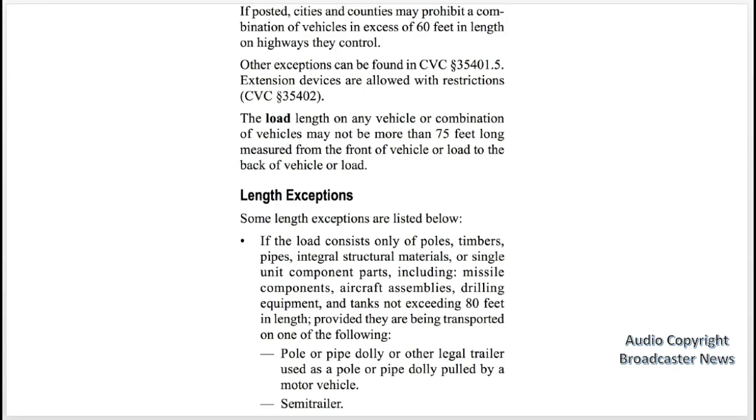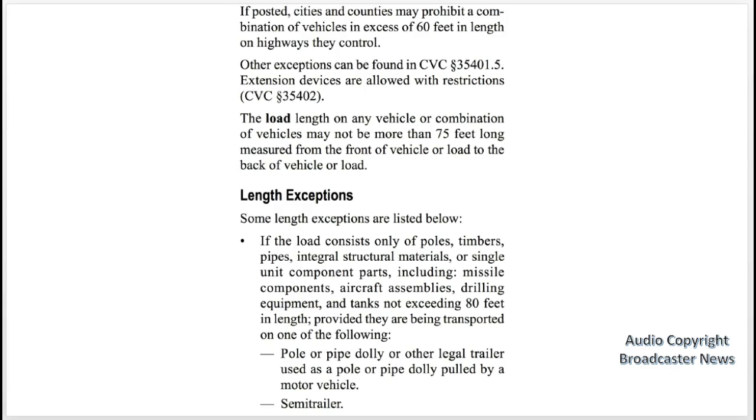Other exceptions can be found in CVC 35401.5. Extension devices are allowed with restrictions. The load length of any vehicle or combination vehicle may not be more than 75 feet long, measured from the front of the vehicle or load to the back of the vehicle or load.